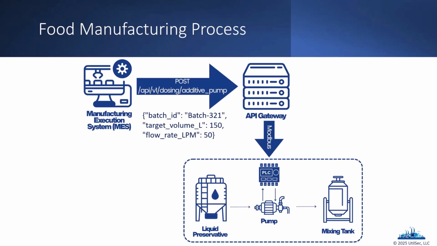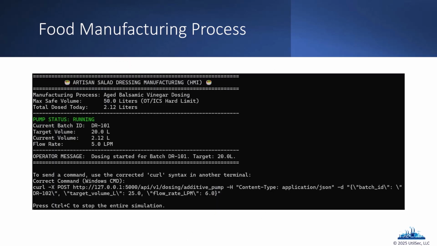So now what happens if we have an attacker or a pen tester that wants to exploit this system? One of the examples we have set up in the course is a salad dressing manufacturing facility. In this case, we're doing aged balsamic vinegar dosing.